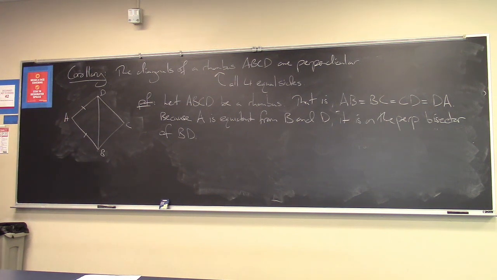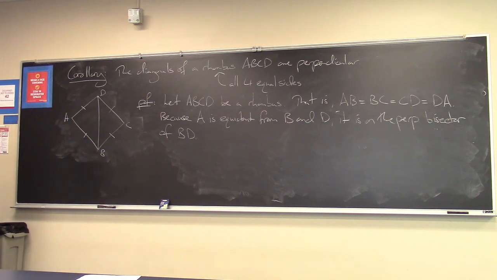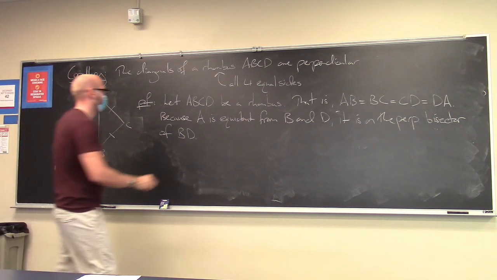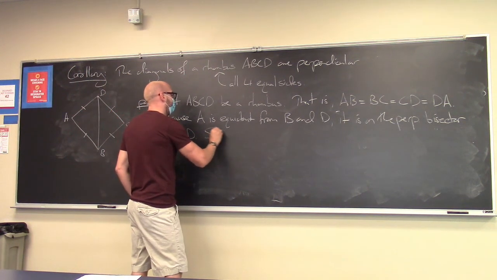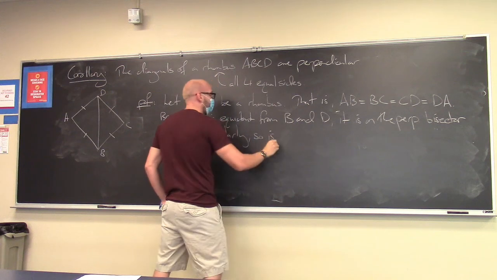What about C? Well, C is also equidistant from B and D, right? So similarly, so is C.